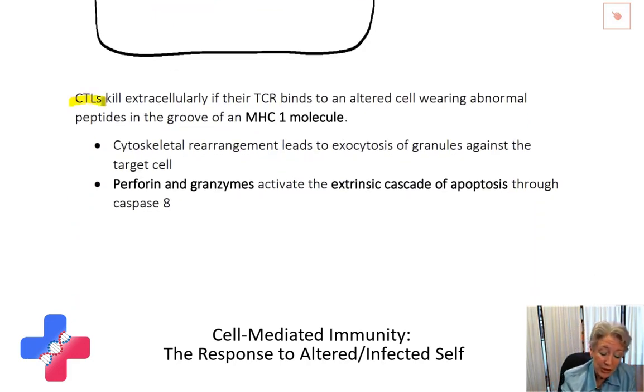So cytotoxic T cells will bind to that MHC peptide combination because of the unique shape of their T cell receptor. They will rearrange their cytoskeleton, and they will then release first perforins that will punch holes in the membrane, and then granzymes that will turn on the extrinsic cascade of apoptosis.